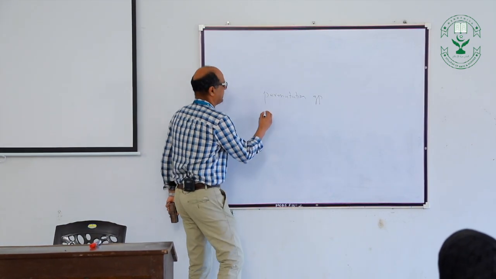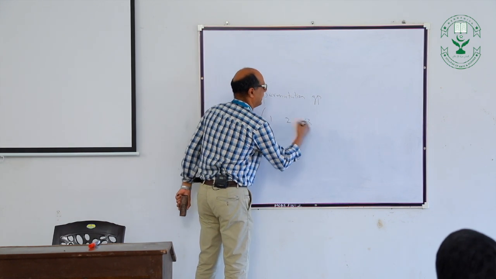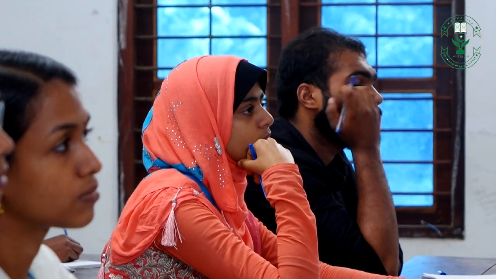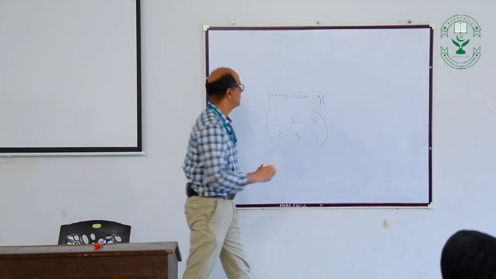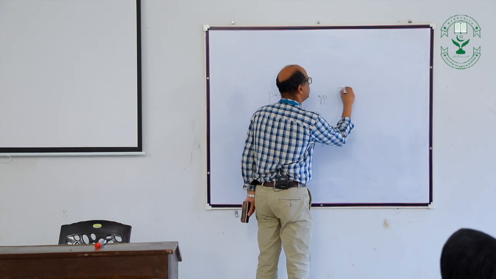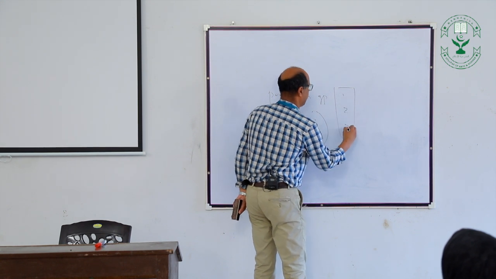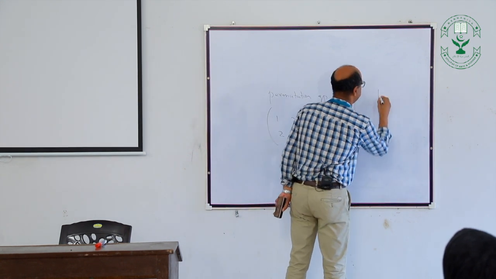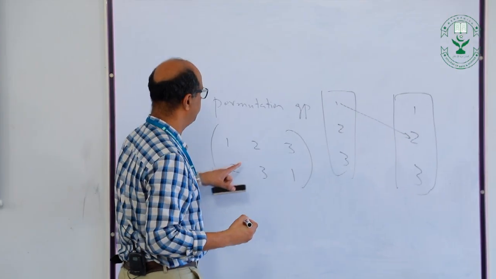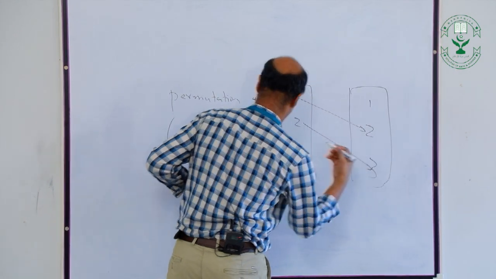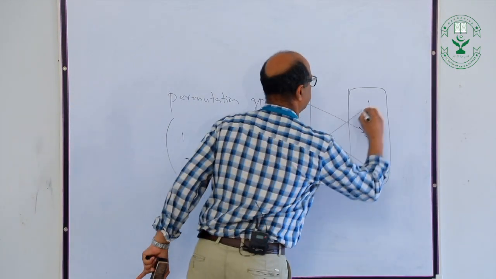So suppose we have 1, 2, 3. This is the domain, and the codomain is 2, 3, 1. This means the set 1, 2, 3 maps to 1, 2, 3, so that 1 maps to 2, 2 maps to 3, and 3 maps to 1.